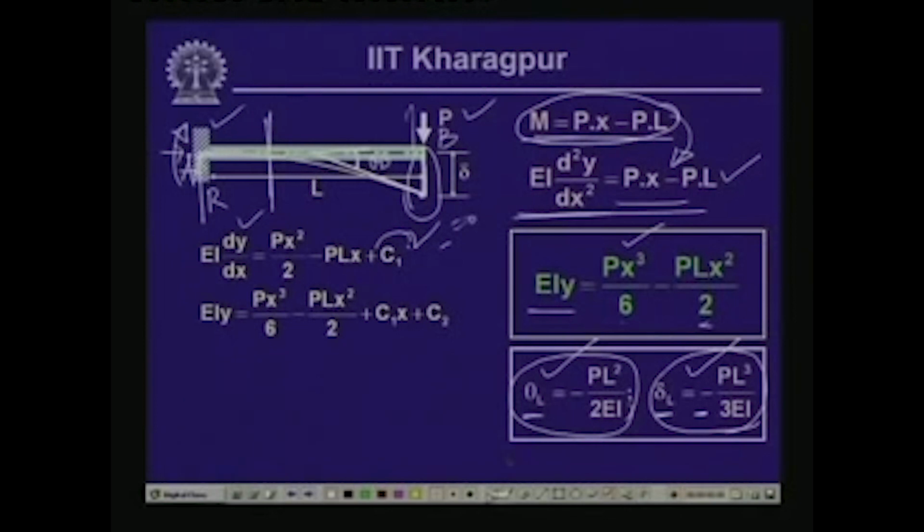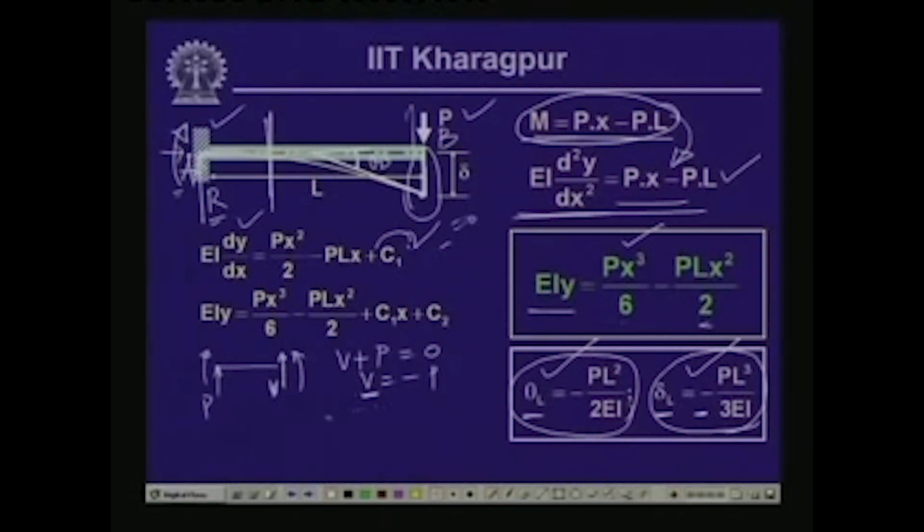Now, here we have computed the values of the reactive forces R and the moment M. R is equal to P. Now, if I take a cut over here and take a free body diagram, here you have R, you have the moment, and at this cut you have the shear force V and moment M. Now, this R is equal to P. So, if we take the vertical equilibrium of the forces, then V plus P is equal to 0, or V is equal to minus P. That is the shear which we have, and from here to here you get the same value.